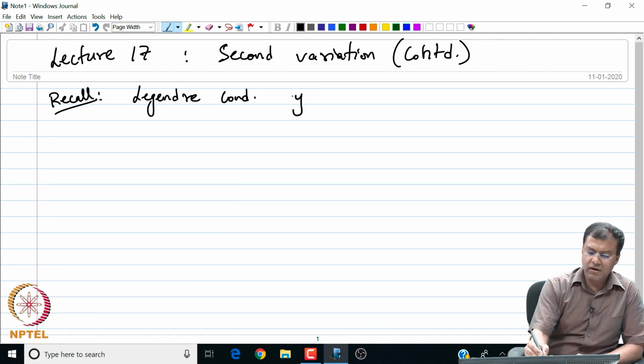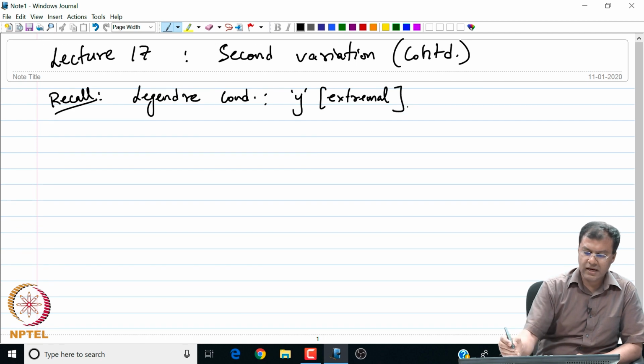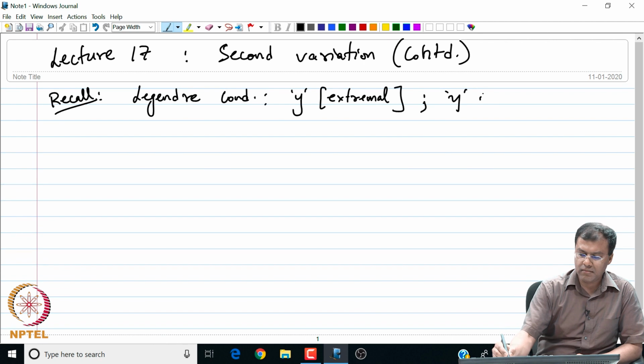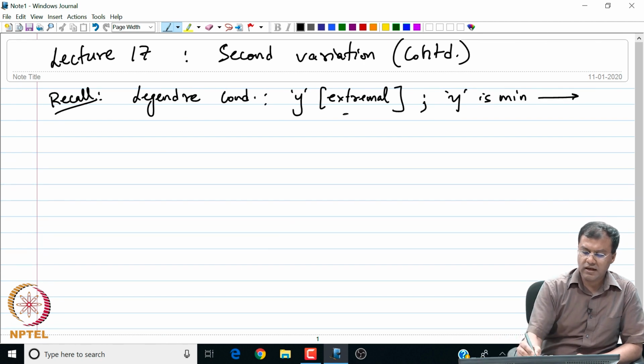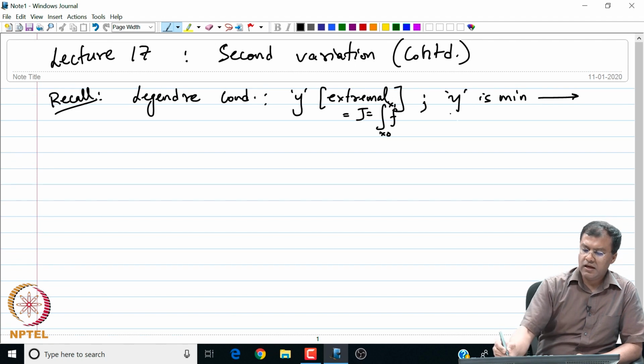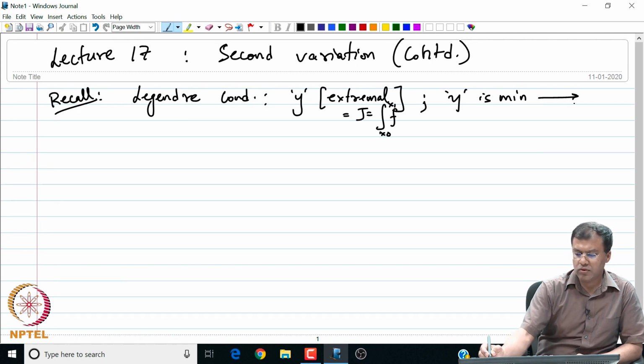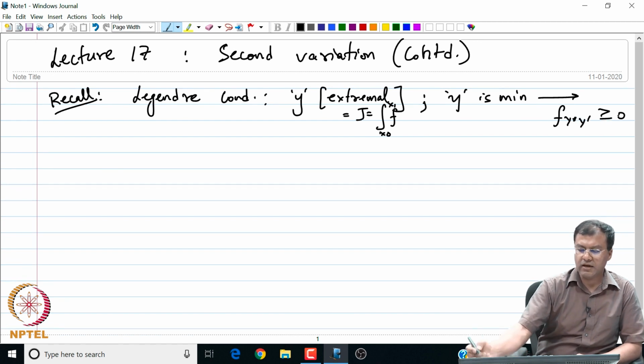That if I am given y being an extremal, then y is a minimum implies that, so y is an extremal of J, which is given by integral of f with the fixed boundary points, and y being minimum leads to the condition that the second derivative of f with respect to y prime is non-negative, right.